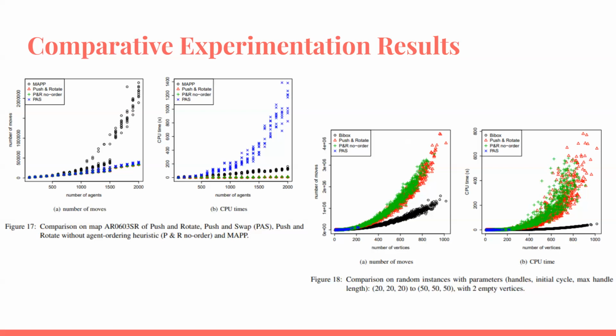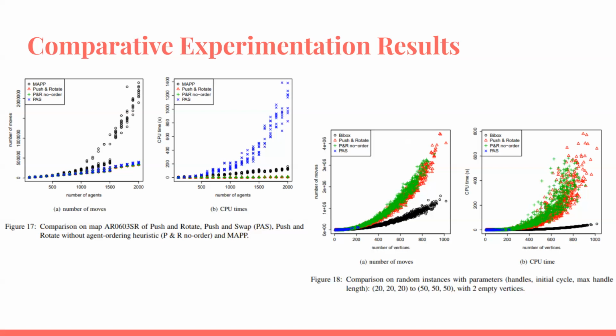For figure 17, this is a comparison done on all of them, and as you can see, A and B, respectively, are the number of moves and the CPU times.